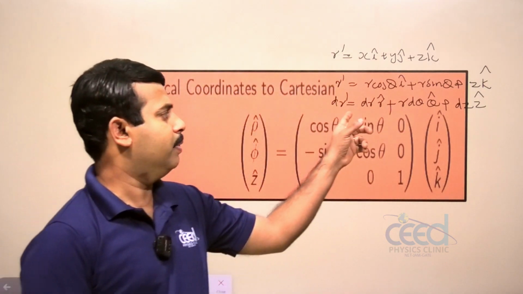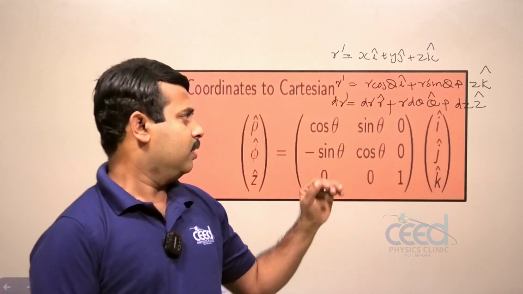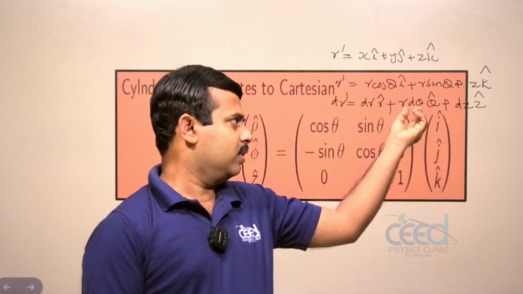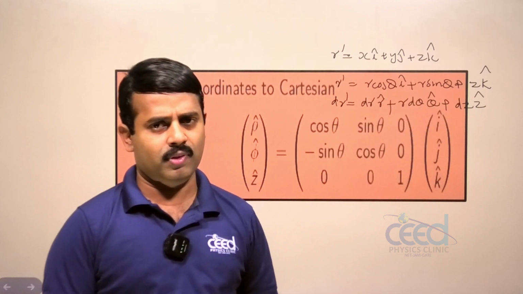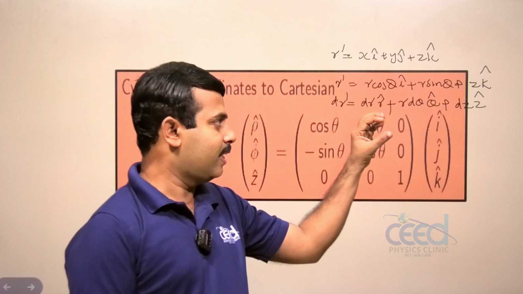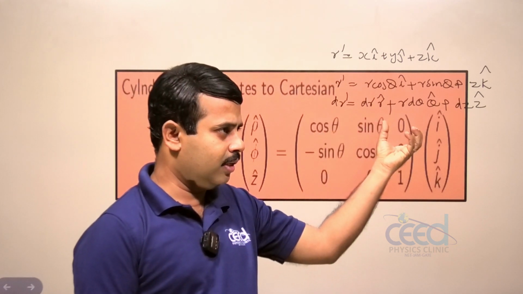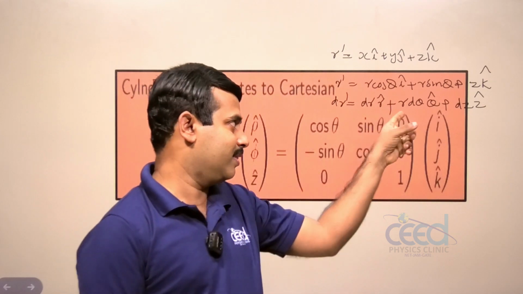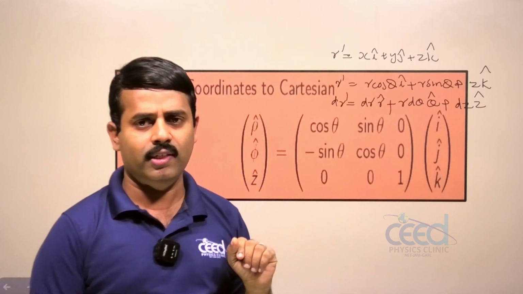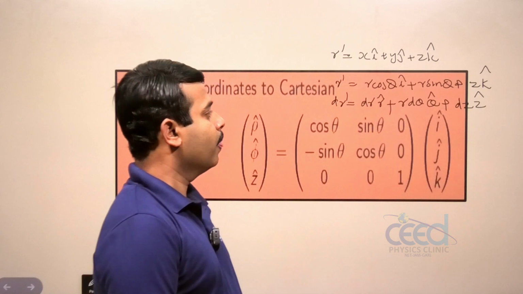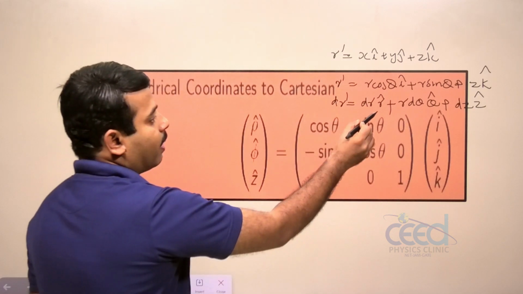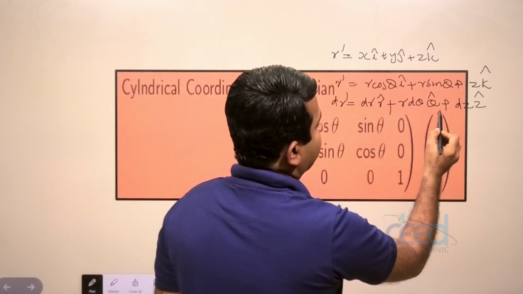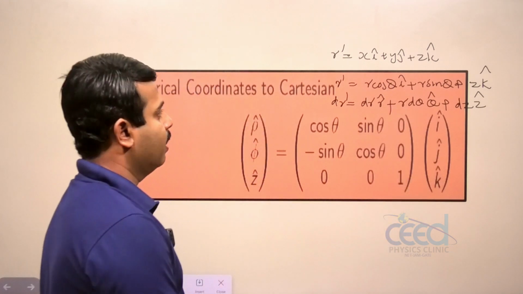This is the length element we studied, right? In cylindrical coordinates we used r d phi phi cap. That's not an issue. Here theta is represented in such a way that it has the same meaning as phi only, right? The theta range is 0 to 2 pi, alright? Don't confuse with it, right? So dr r cap plus r d theta theta cap plus dz z cap.